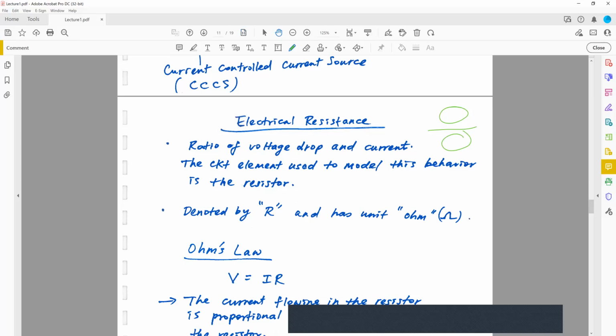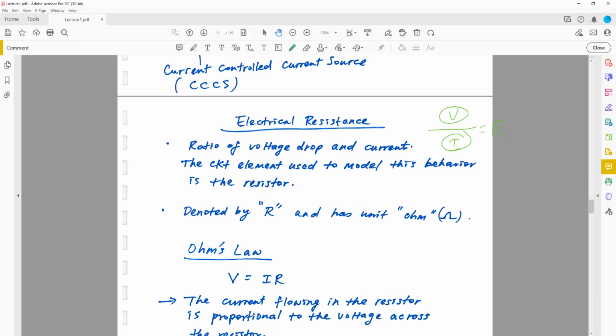By definition, I have to take the voltage drop divided by some current, and this is my electrical resistance. So if I have voltage and current and I take the division V over I, then I can model the behavior of this circuit element, and that circuit element is called a resistor.